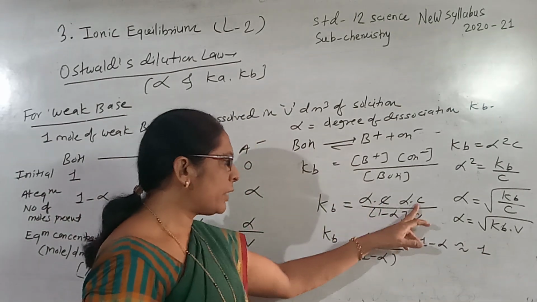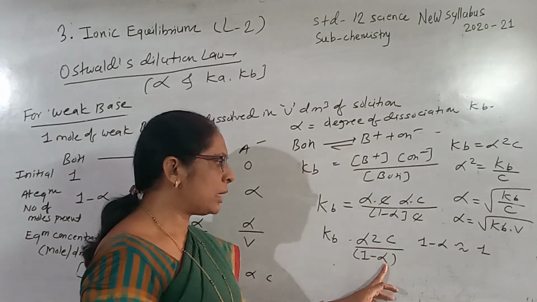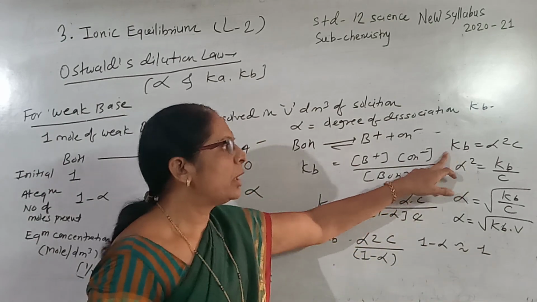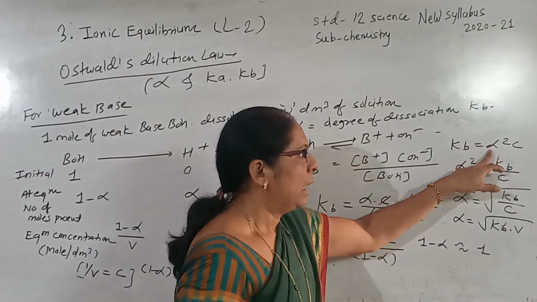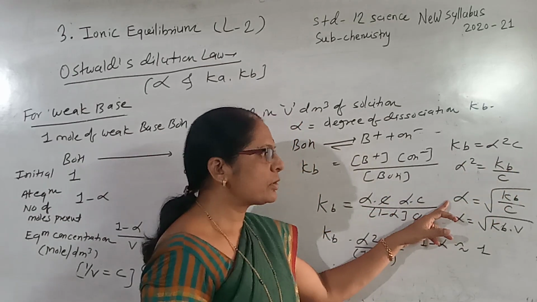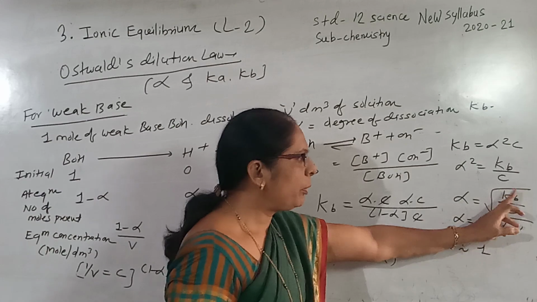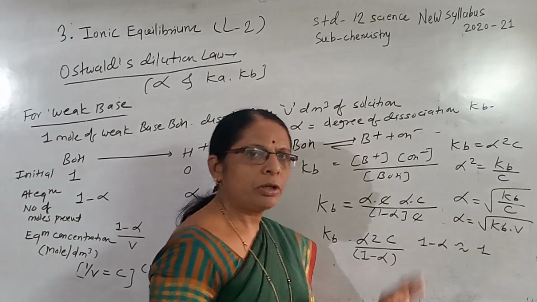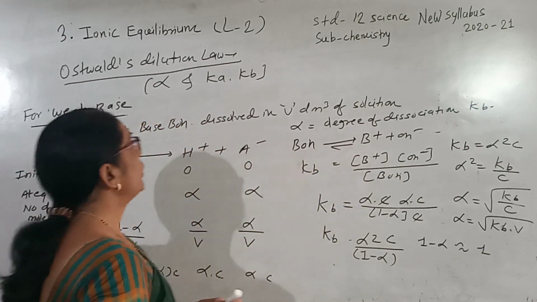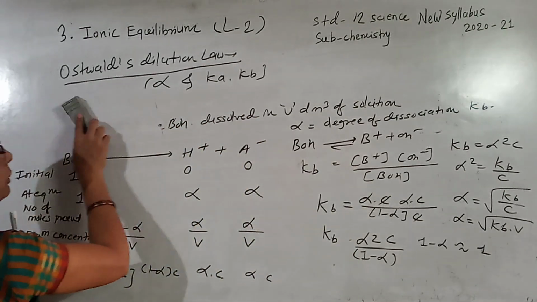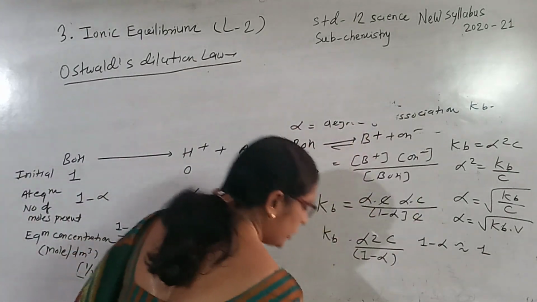So I put 1 minus alpha as 1, and therefore I get the relationship Kb is equal to alpha square C. So alpha square is equal to Kb divided by C, so alpha is equal to square root of Kb divided by C, or alpha is equal to square root of Kb into V.